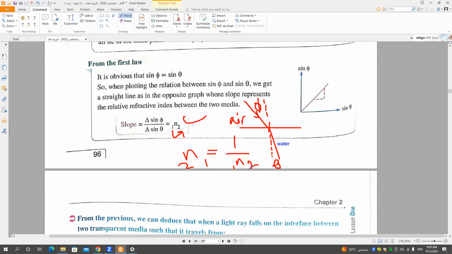If it transfers from air to water, this is obeyed, while when it transfers from water to air, it will equal the reciprocal, n from 2 to 1.